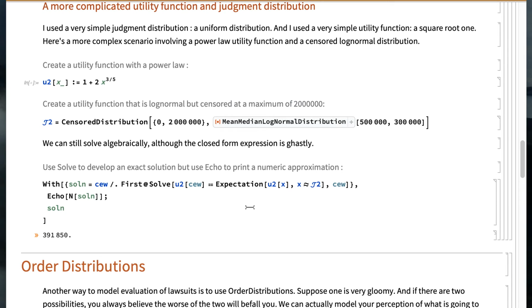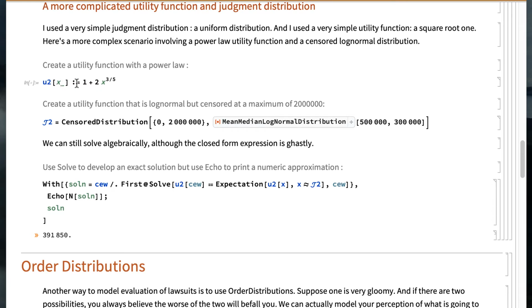Okay, so far I used a pretty simple utility function, a square root utility function, and I used a really simple judgment distribution, a uniform distribution. So let's see if we can again make things a little more complicated. Supposing we have utility that goes along with a power law.